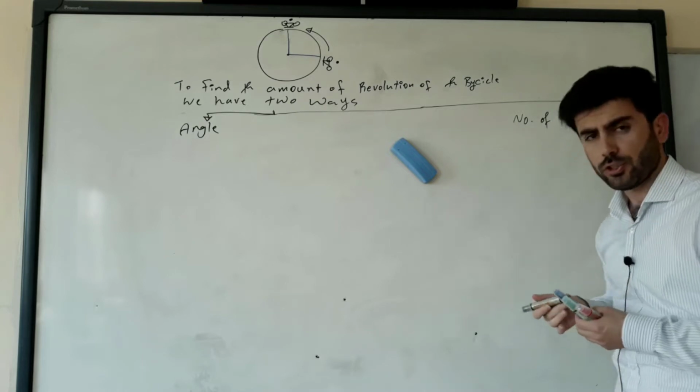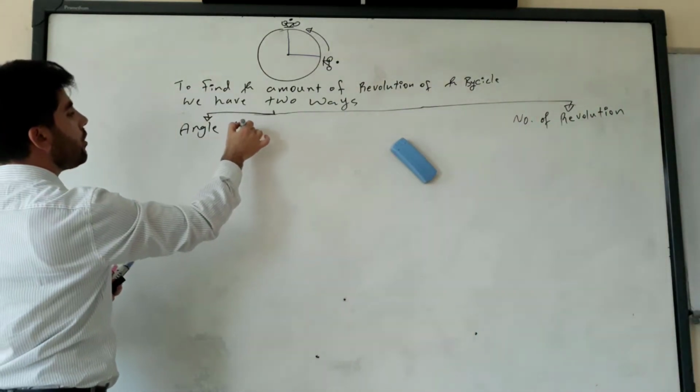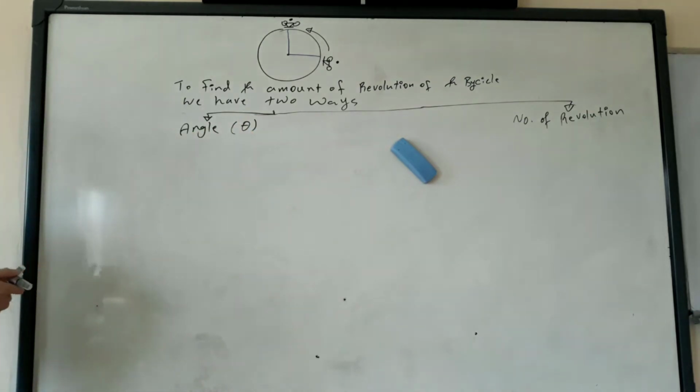So number of revolution is really easy, but let's talk about angle. You all know that the symbol of angle is theta, okay?